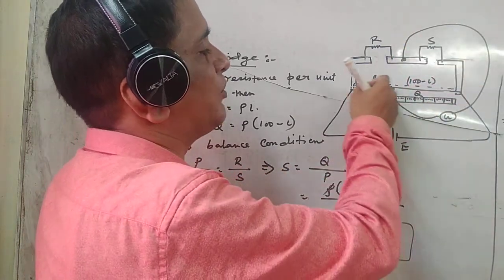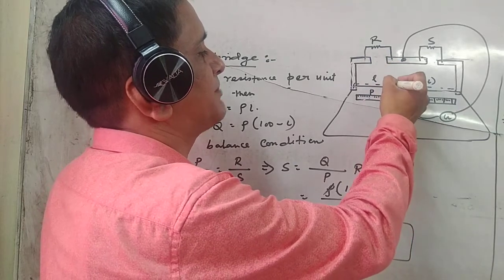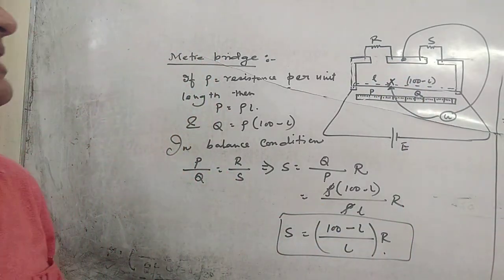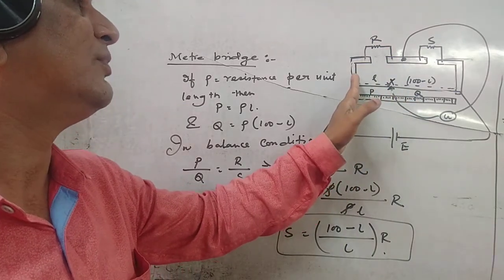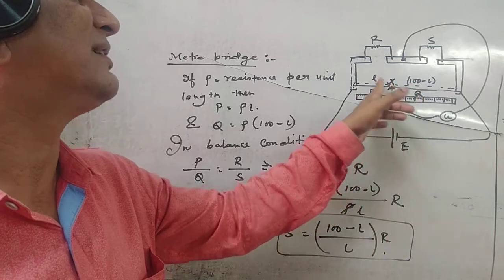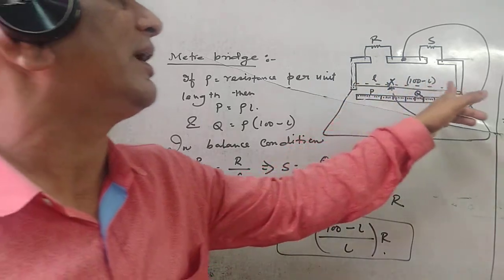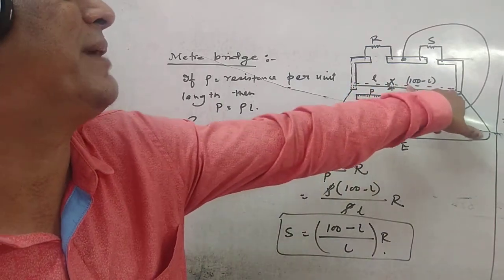When you move the jockey, suppose at point X it is balanced. So if it is balanced at X, then this length we consider as L, and this is your 100 minus L.